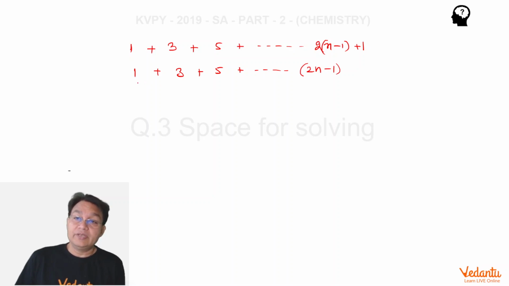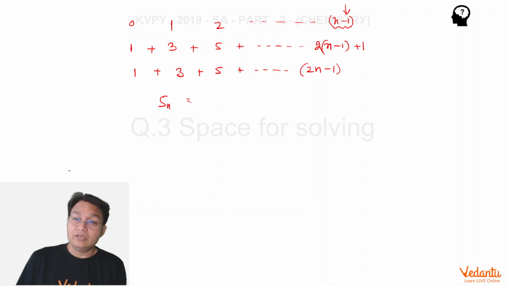How many terms will be there? This is corresponding to l equals 0, this to 1, this to 2, and this to n minus 1. So which term is this one? This is the nth term. You can find out the sum of the n terms.